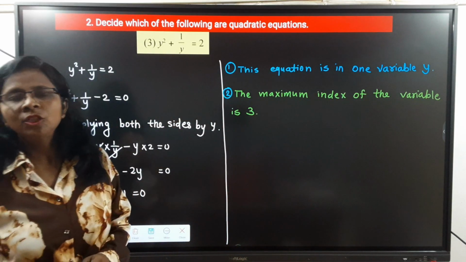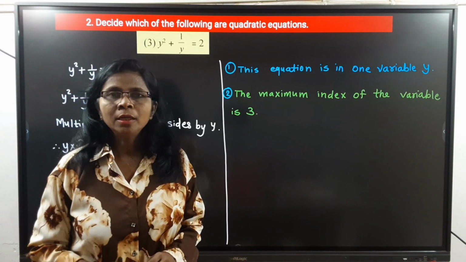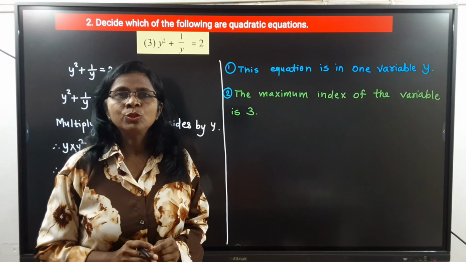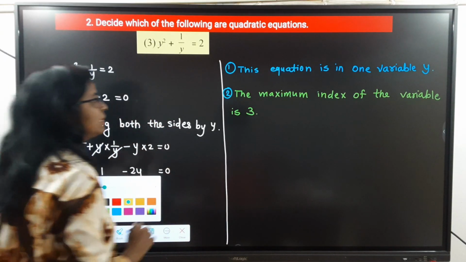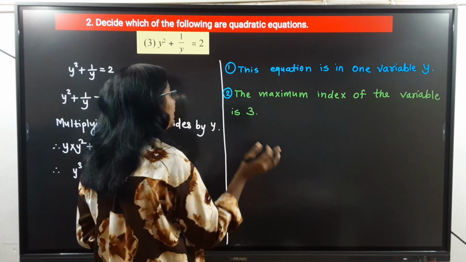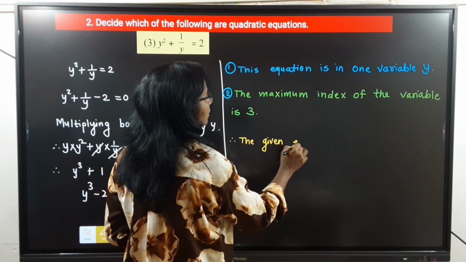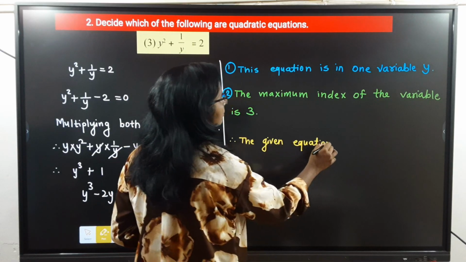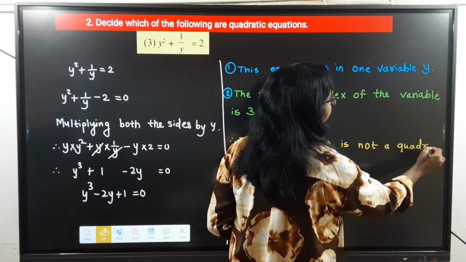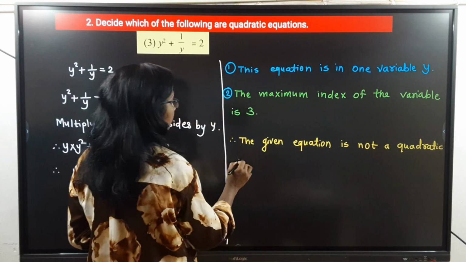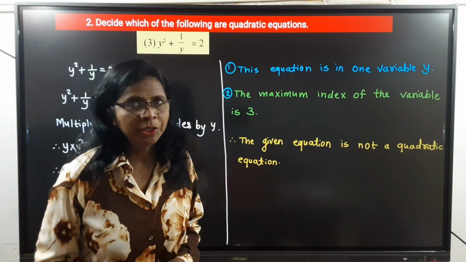Now here the second condition, that is the maximum index of the given variable is 3, is why we say that the given equation is not a quadratic equation. So directly, if the second condition is not fulfilled, then we say that therefore the given equation is not a quadratic equation.